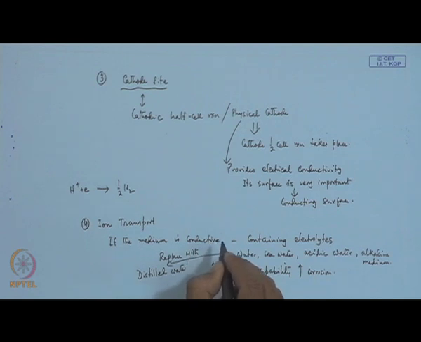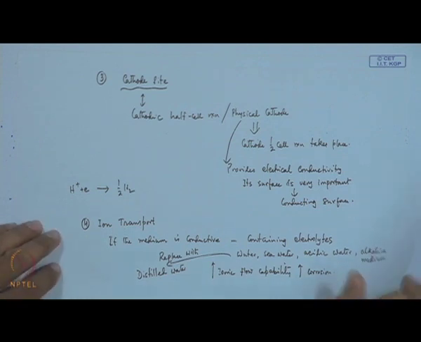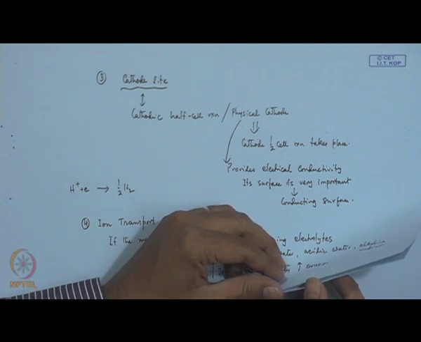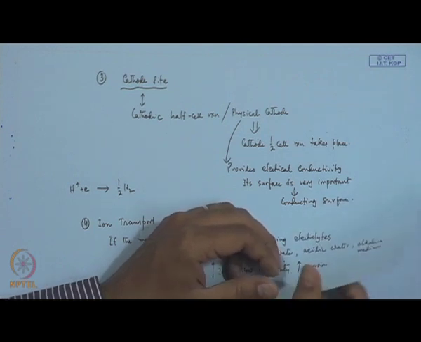Okay. In this case the corrosion rate is low, because compared to your sea water or acidic water or alkaline medium, this has low conductivity. So low conductivity means it does not support high corrosion. Okay. So ion transport is very important.